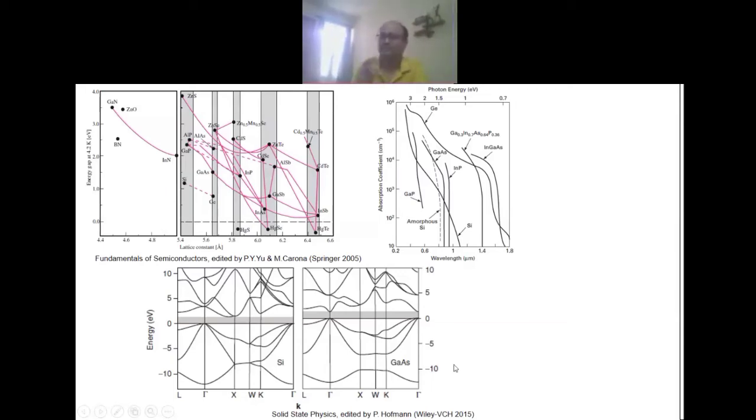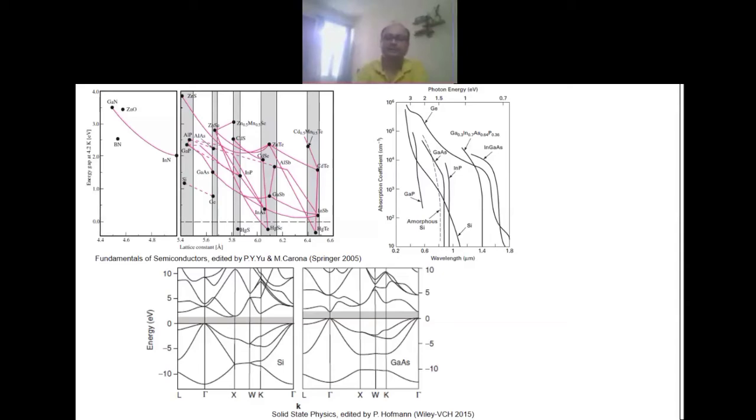Now lots of people are working to play with this. But the important thing is the density of states they are playing with. Density of states can be determined by how many electrons can be held per unit energy level. Total N is the total number of states available per unit volume. If I go through different dimensions like 1D, 2D, 3D, you can see how the density of states is modified, and finally in the zero-dimensional case, the quantum dot, it is a kind of delta function.